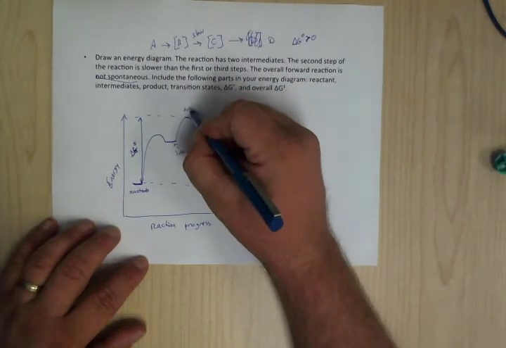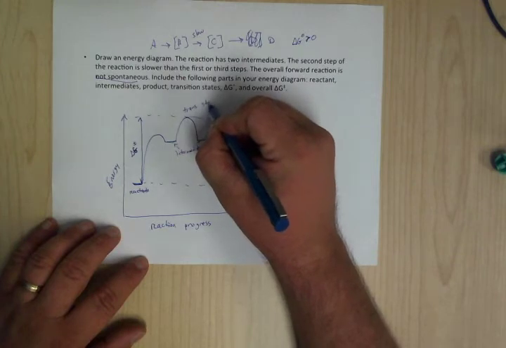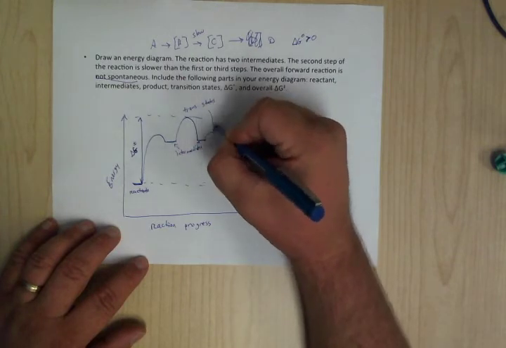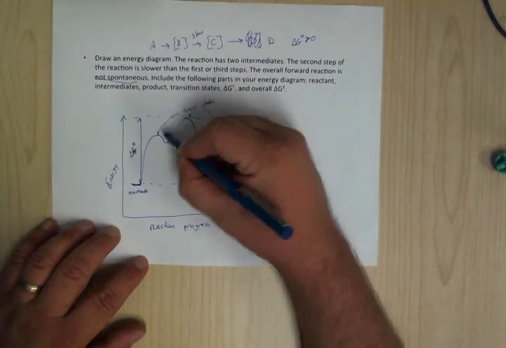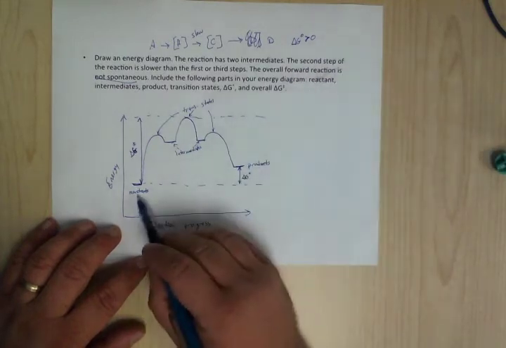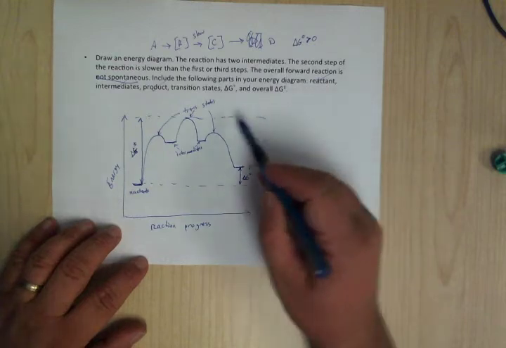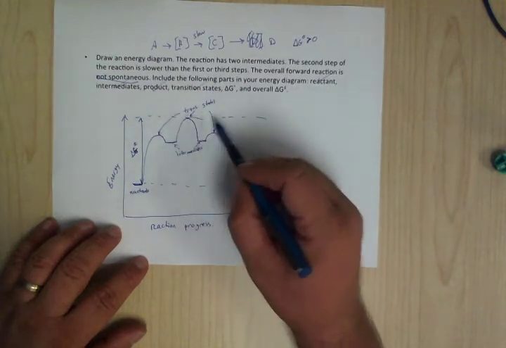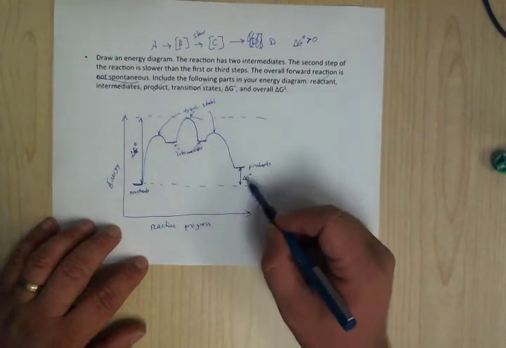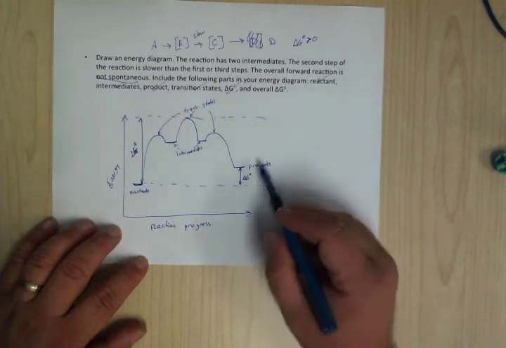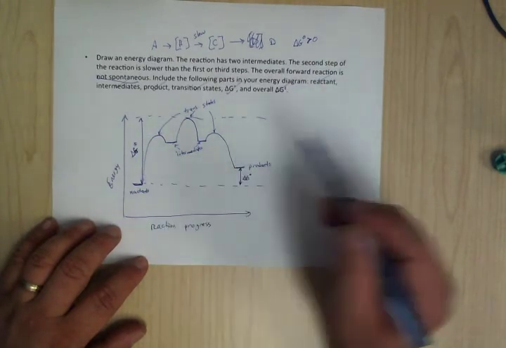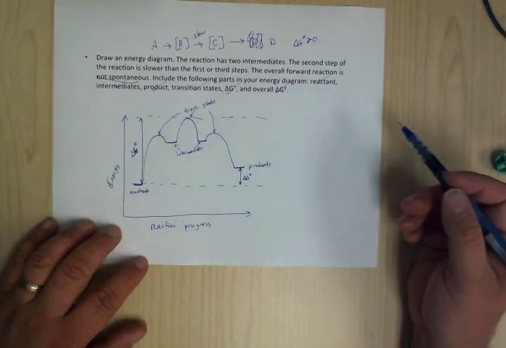These are your transition states, here, here, and here. So we have the reactants, the intermediates, the products, and the transition states, delta G, delta G naught, and delta G double dagger. We're good to go.